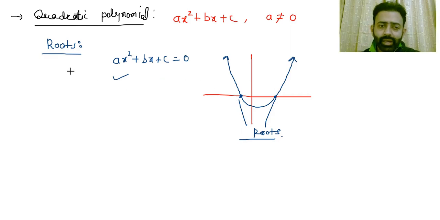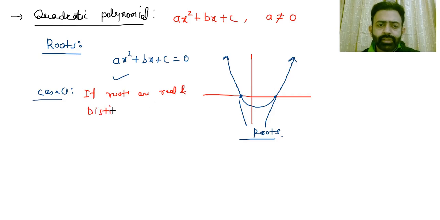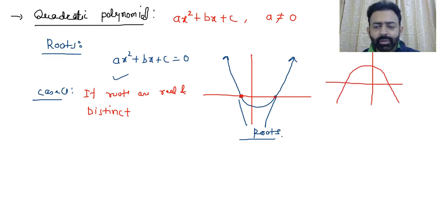So case 1 can be that the roots are real and distinct, in the sense that the graph will go like this, intersect at one point, and again come back and intersect at another point. The other case is also possible if it is going upwards and coming back.